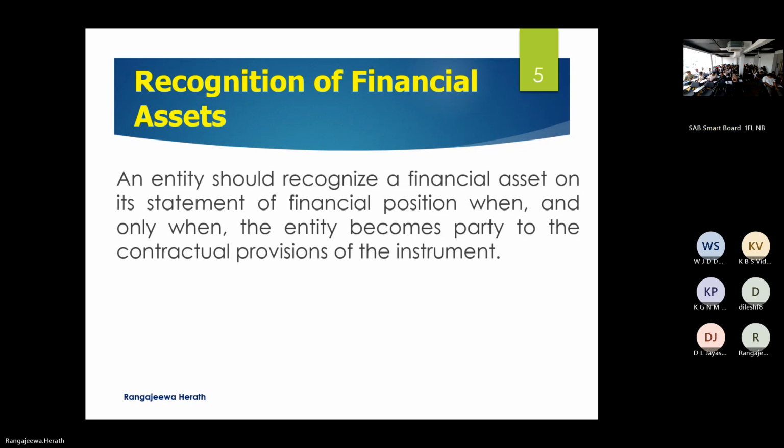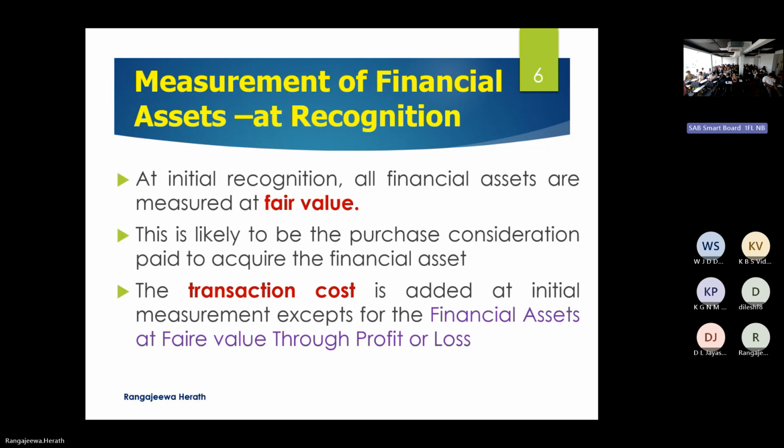Simple thing. Now the measurement, important part. The measurement of financial asset at recognition. Initially, you have to measure financial asset at fair value. ඒක තමයි විශේෂයි. Financial asset recognize කරන්නේ fair value එකට initial.